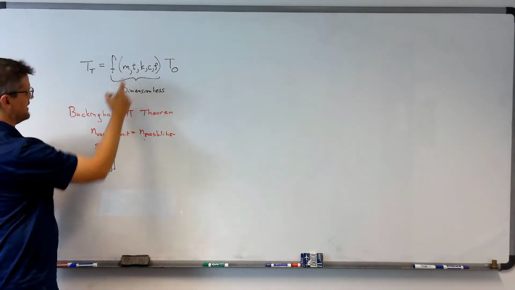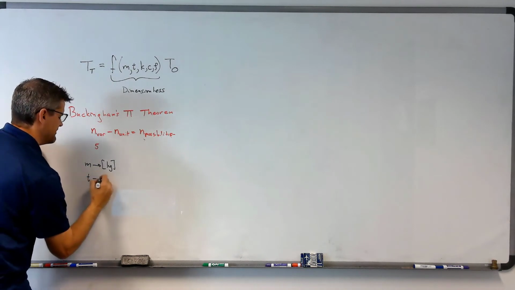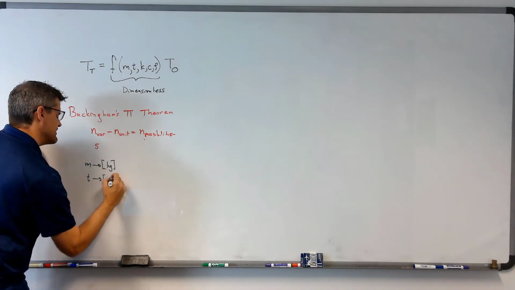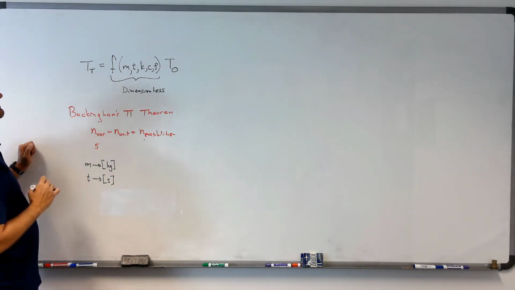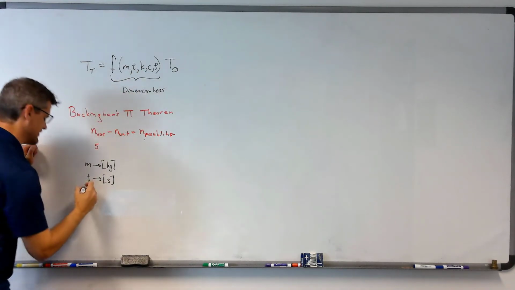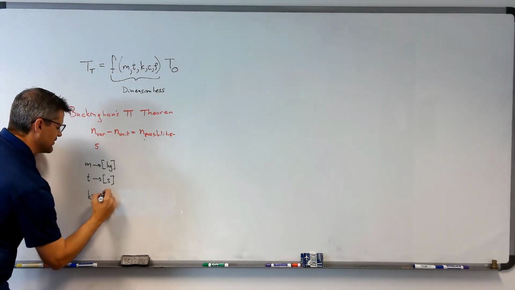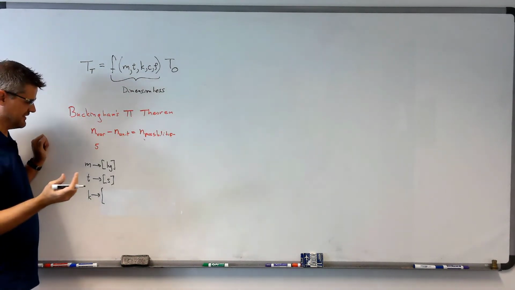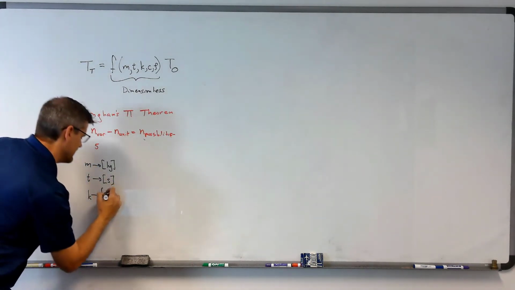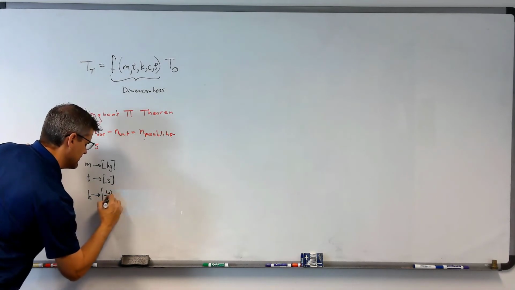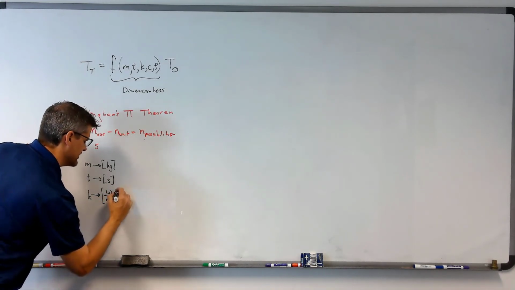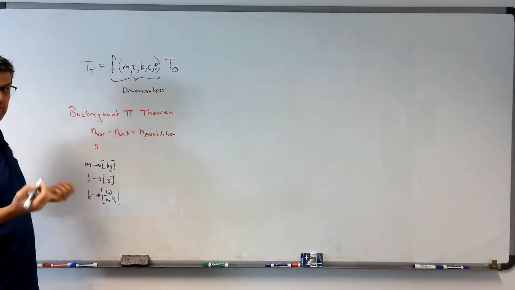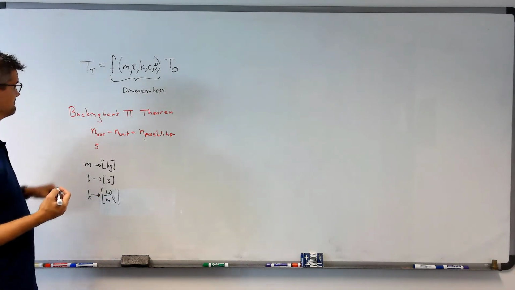And I've got time. Time has units of seconds. And I have thermal conductivity. Thermal conductivity, if you look in the book, is going to have units of watts per meter per Kelvin. Maybe it's watts per meter per degree C, but those are the same thing.